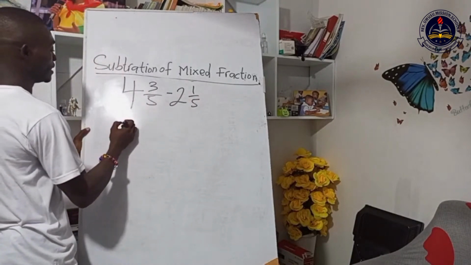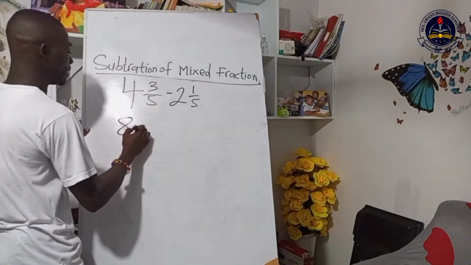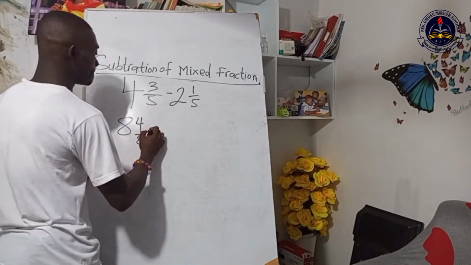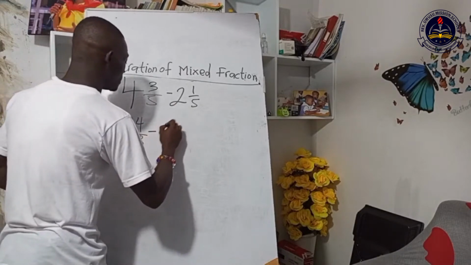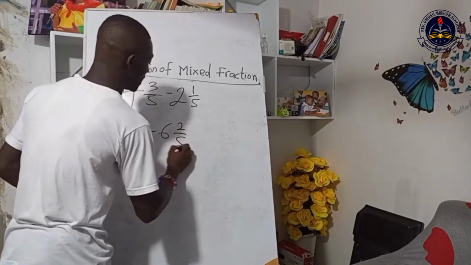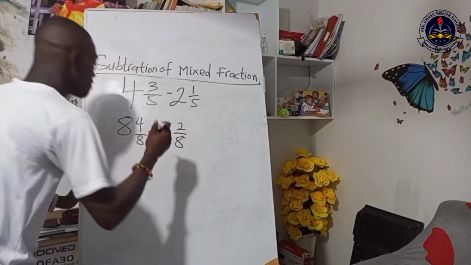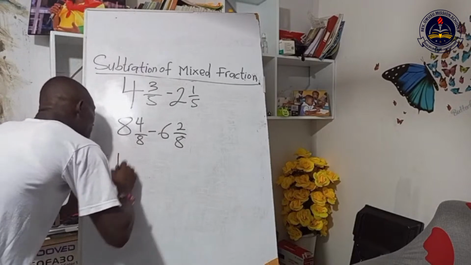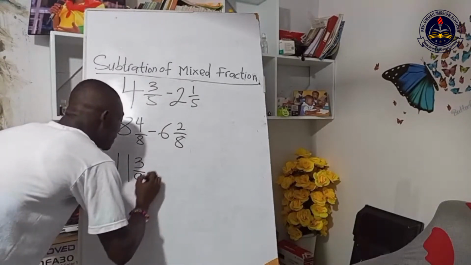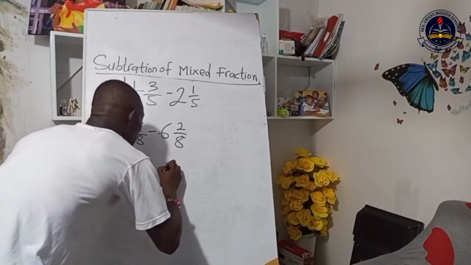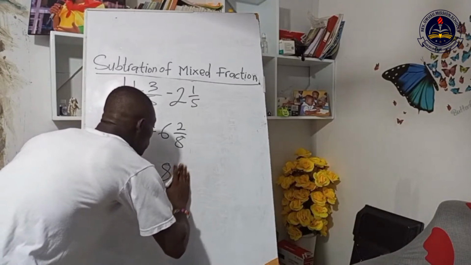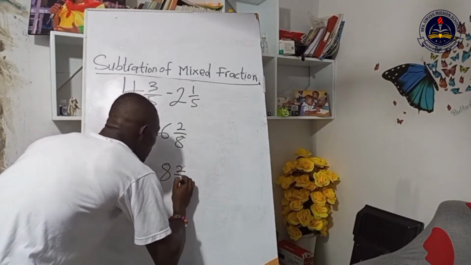The second one is 8 whole number 4 over 8 minus 6 whole number 2 over 8. Then 11 whole number 3 over 9 minus 8 whole number 2 over 9.